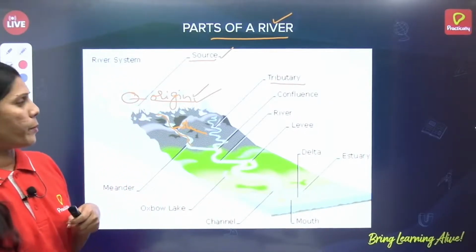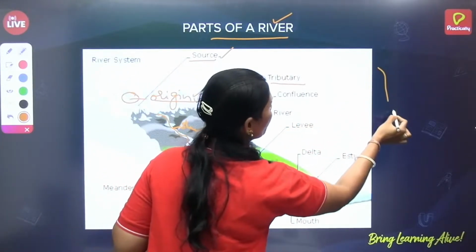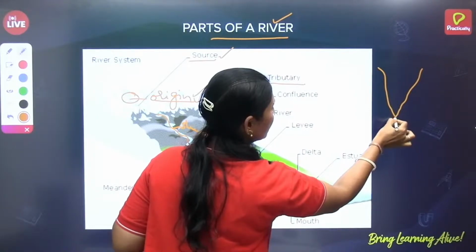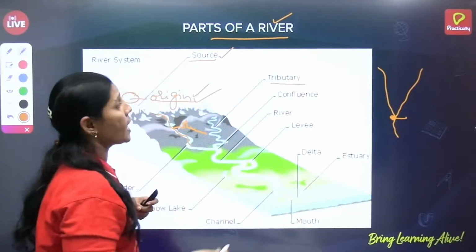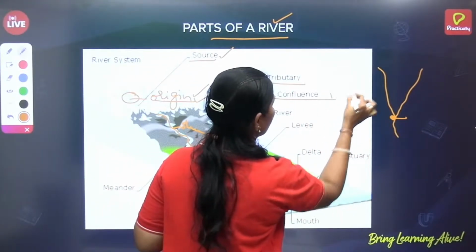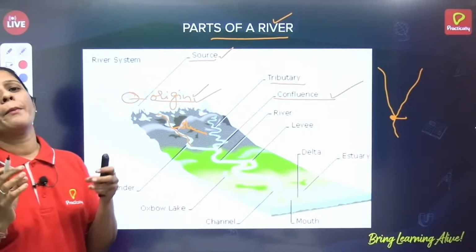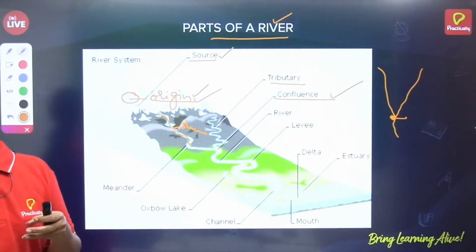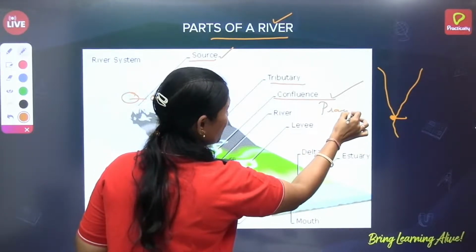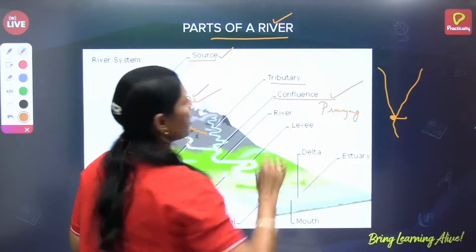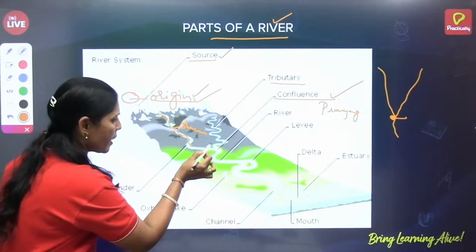When two streams meet, this point of place we call confluence. The word confluence is nothing but a sangam, where two river bodies join at a place. In Telugu or in Hindi, it's called Prayag, where different major river bodies meet.